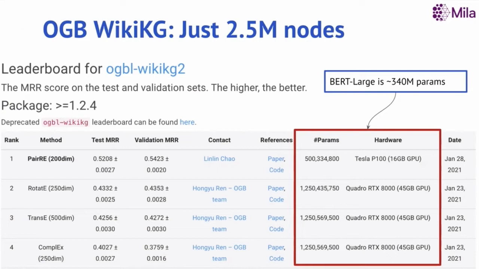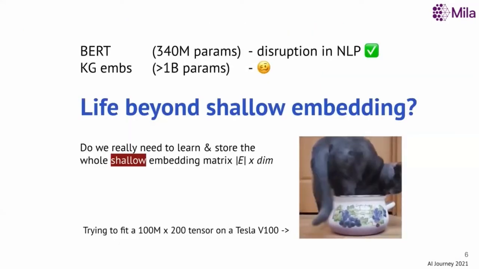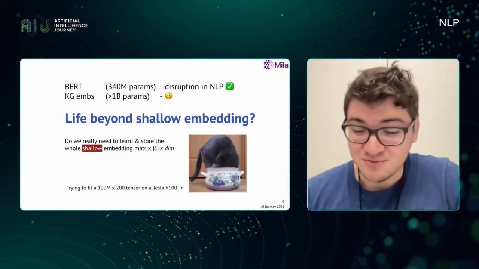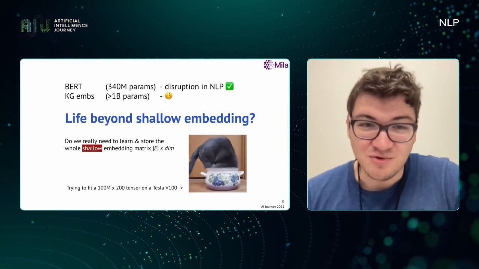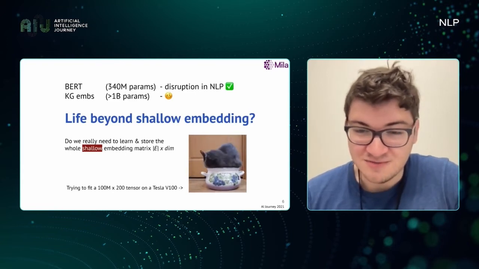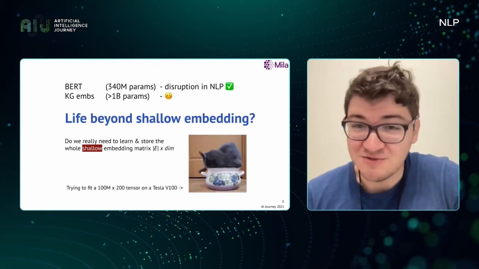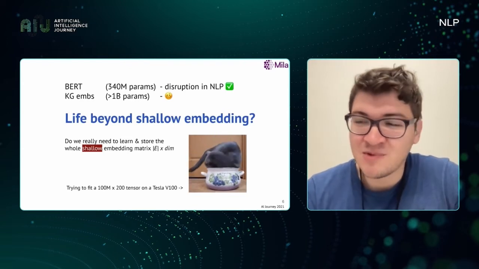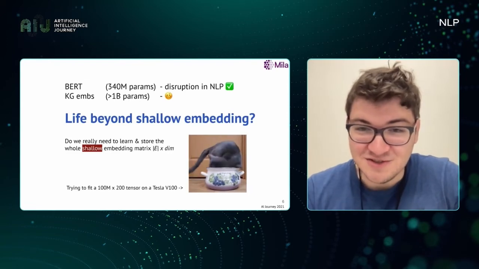We see that BERT and Big Bird created a revolution in NLP. We can do so much more with language models, which use 300 million and more parameters, while embedding algorithms in graphs are way over 1 billion parameters. We do not see these approaches create a disruption in the graph ML sector.